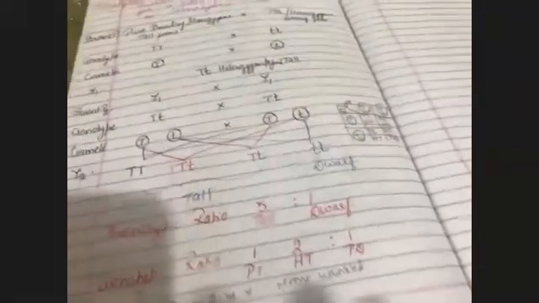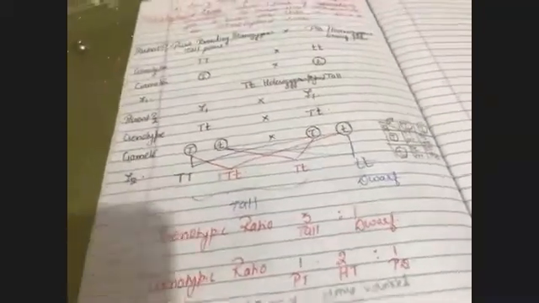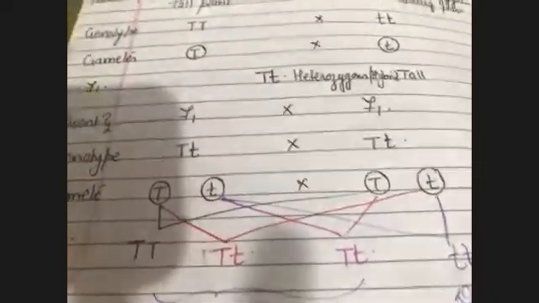They got segregated. They got separated. And that is nothing but the second law, that is law of purity of gametes or law of segregation. The two characters get separated or segregated. Even after being together, they remain pure in their form.